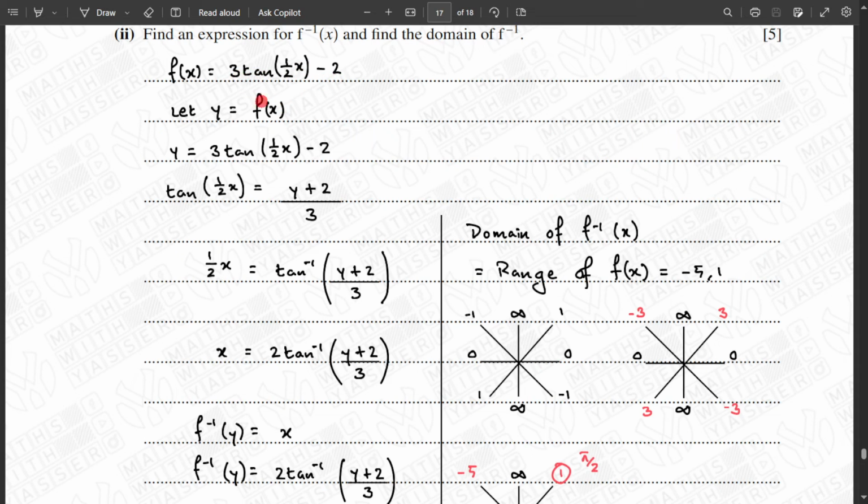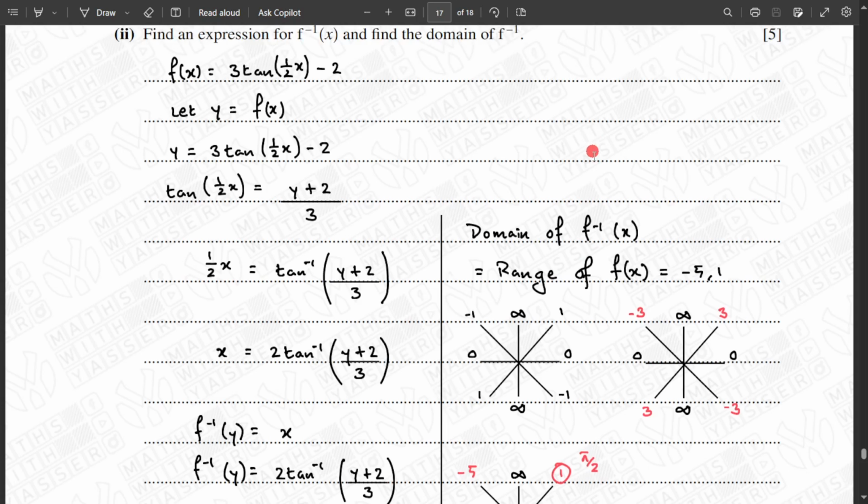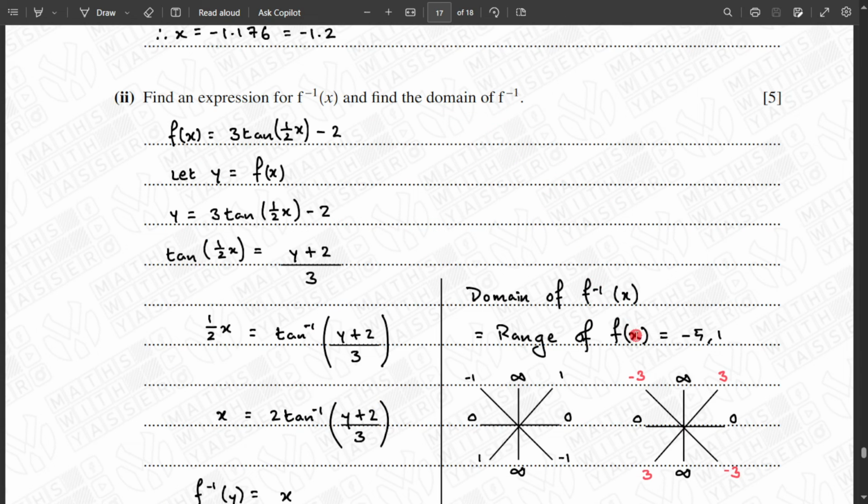So first we multiplied 3 with all these values of the grid, and then if we take away 2 from all these values of the grid, it will become 3 minus 2 is 1, and -3 minus 2 will be -5. That is the new range. So this is the range for f of x. That means our domain of f inverse, which we are required to find, is -5 and 1.